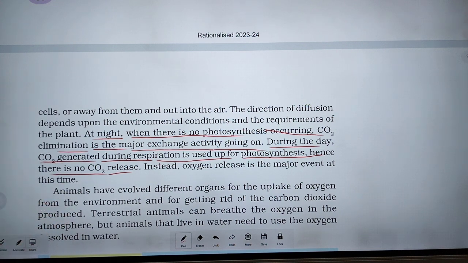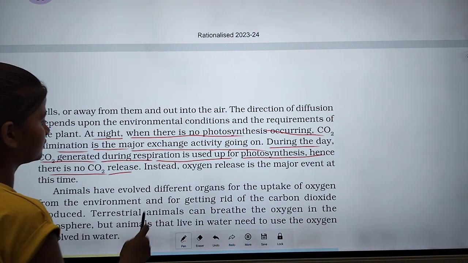It means in the day, CO2 is generated during respiration but is used up for photosynthesis, hence there is no CO2 release.